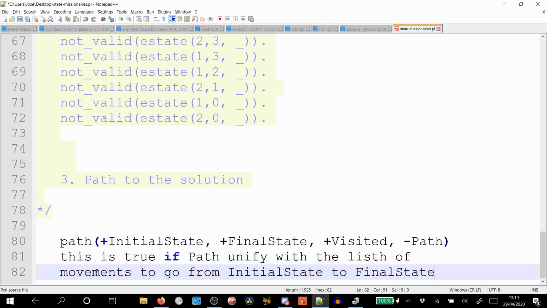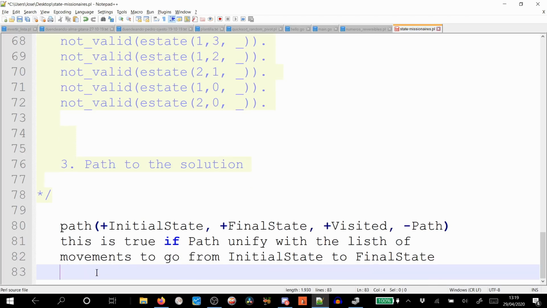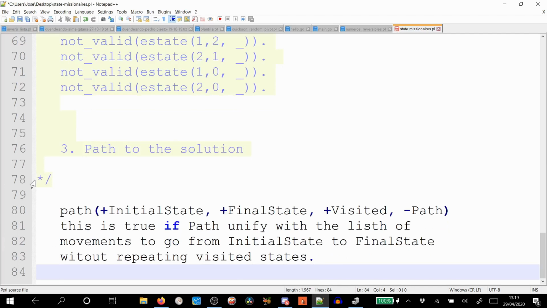Without repeating visited states. Do you remember why we use visited?